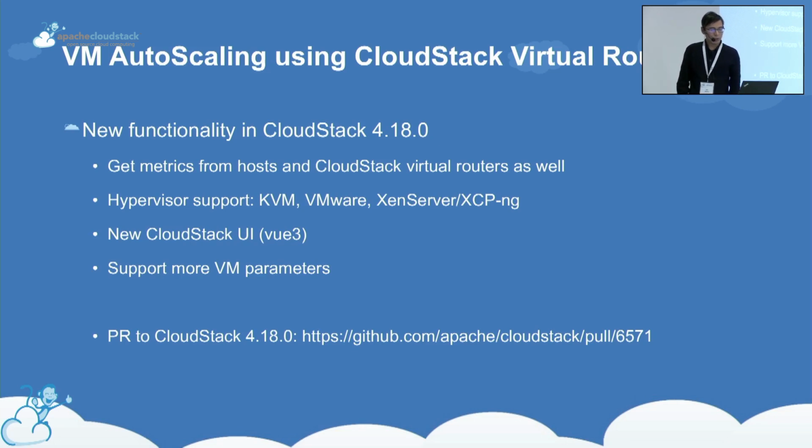The feature also supports the most popular hypervisors: KVM, VMware, XenServer, XCP-ng. And the feature has also been implemented in the new CloudStack UI. This feature also supports more VM parameters, so users have more flexibility for the VMs.